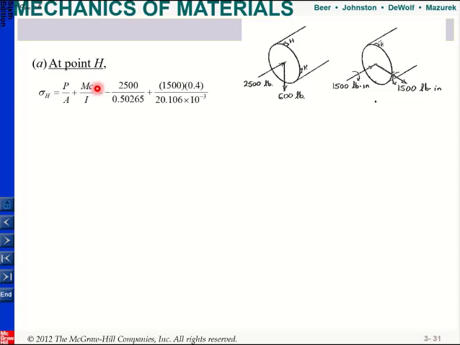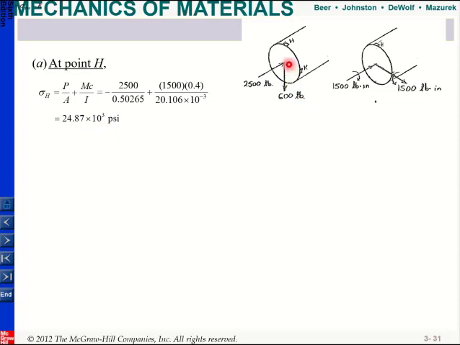So make sure that you know it. If not, you can use the absolute values. So I will have compressive stress due to my normal force, compressive force, plus I will have tension, since it's on the top, MC over I. Okay. So if you calculate it, this is your normal stress at point H.